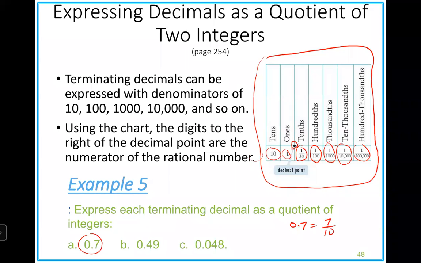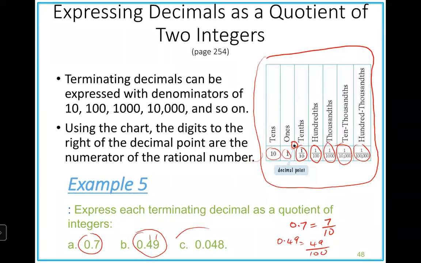And you follow the same principle with the second one, which is 0.49. You have two numbers after the point, 1, 2. So the second place after the point is the hundredths place. So 0.49 would be equal to 49 over 100.